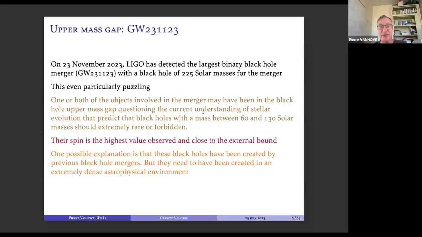Apparently there is an event where a super huge black hole merger of 225 solar masses has been detected. Their spin is extremely high, very close to the extremality bound for the maximal spinning of black holes. Again, the origin of these very heavy black holes is not understood.